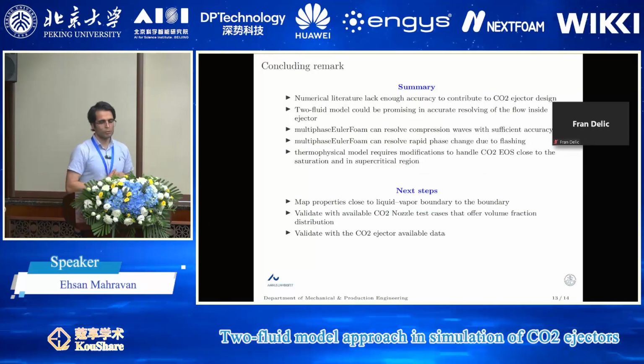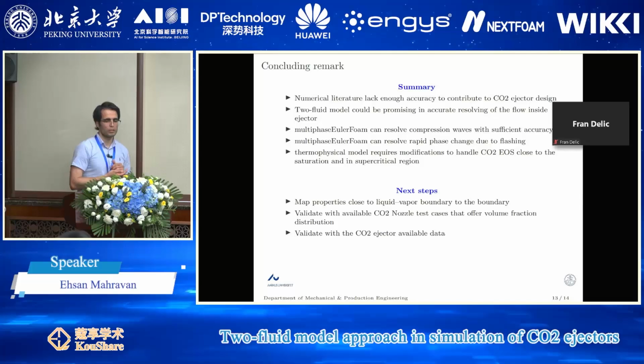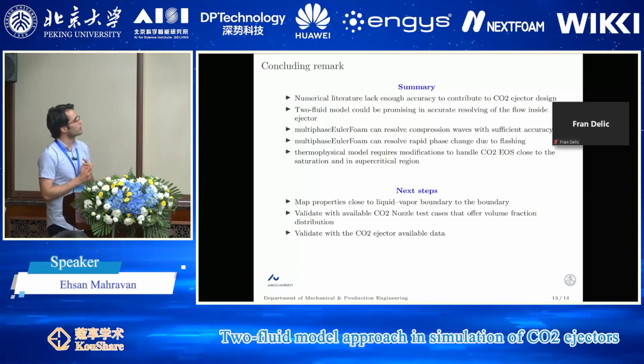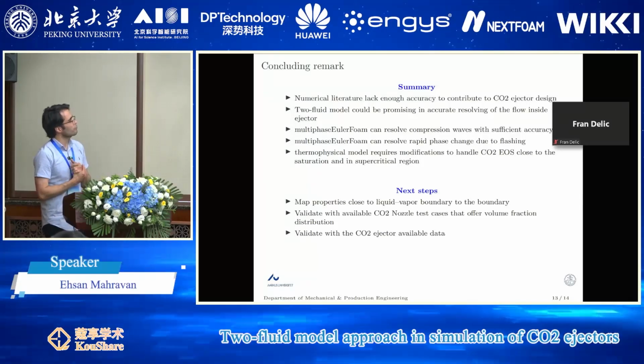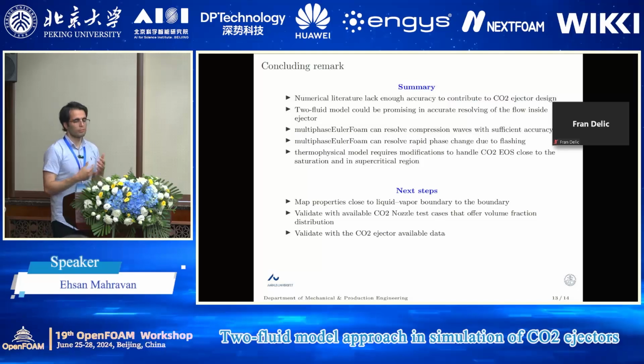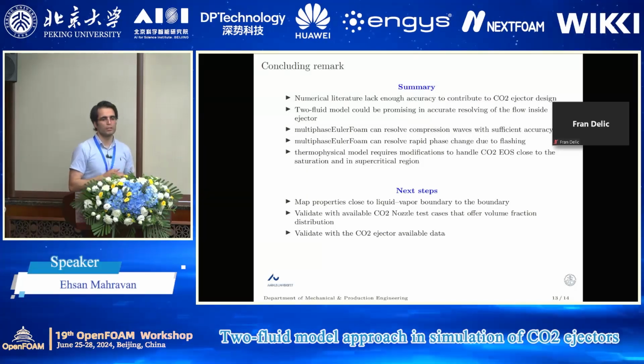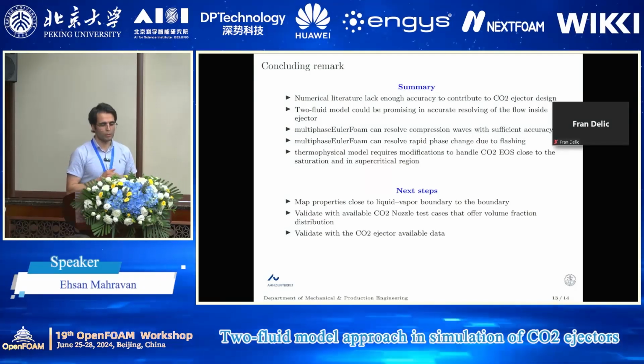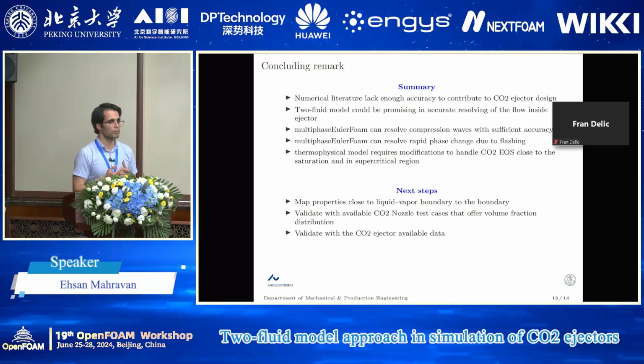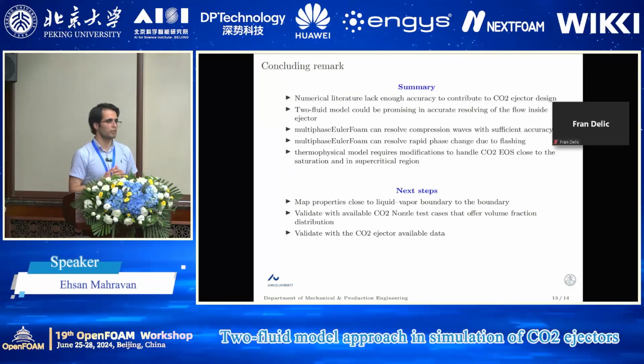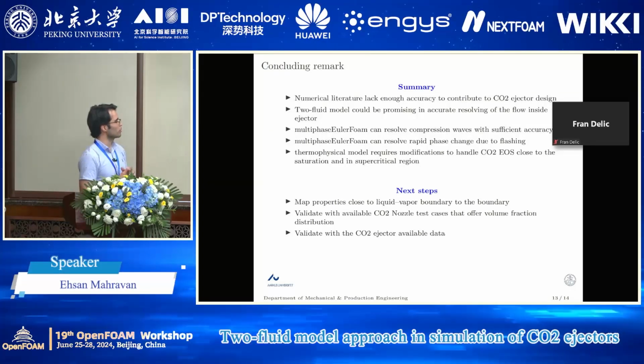So to summarize, the numerical literature lacks the accuracy that is required for the design of CO2 ejectors. The two-fluid model could be promising. It is very complicated if you look into the solver.